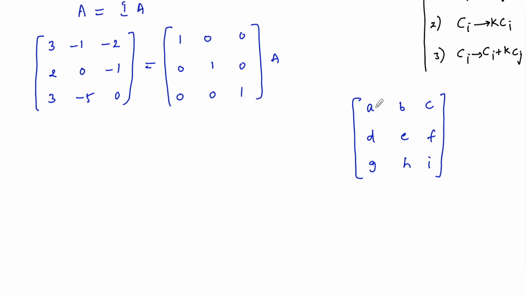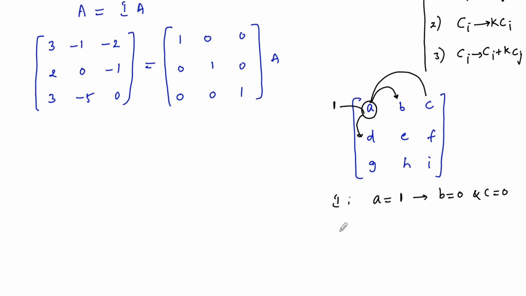So first, when you are using the column transformation, you have to make A is equal to 1, step 1, and by using A is equal to 1, we have to make the remaining elements in the row 0. For the row you will go D and G must be 0. In the case of columns, you have to make B is equal to 0 and C is equal to 0 by making A is equal to 1.